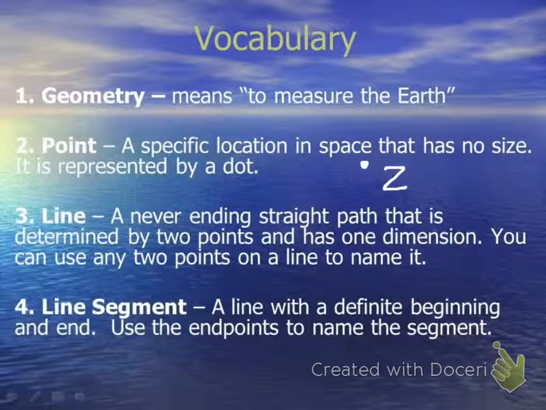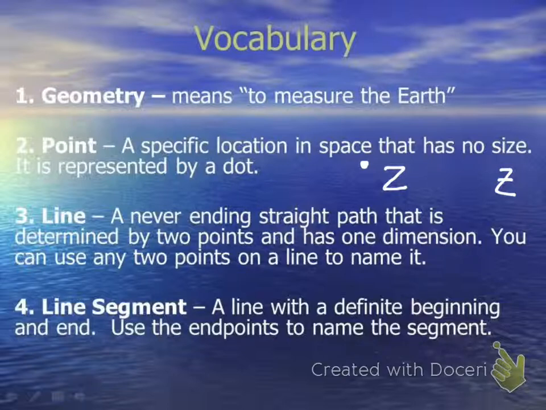Near the dot, put a Z. That's point Z. Now, if your answer to a question was point Z, you would just write a capital Z on the answer line. You don't have to draw the point when you're answering it as point Z.